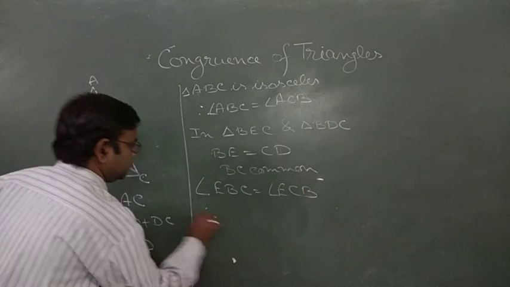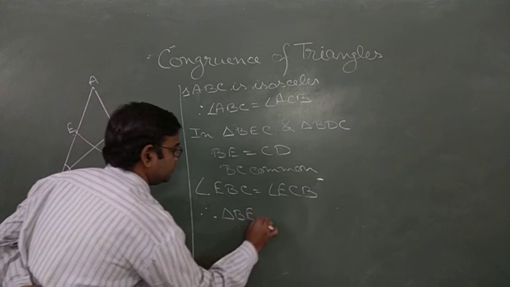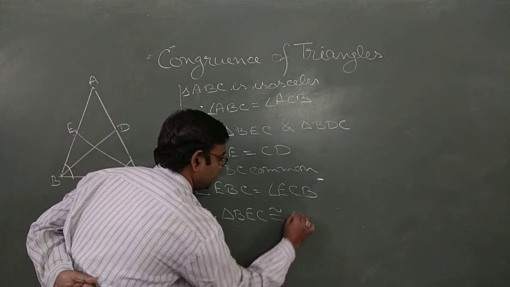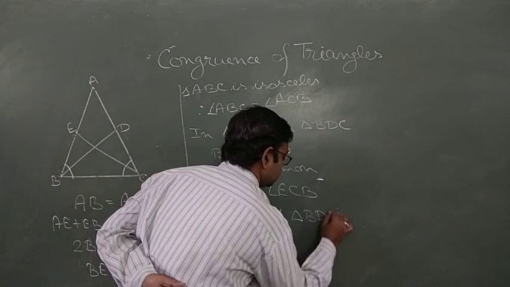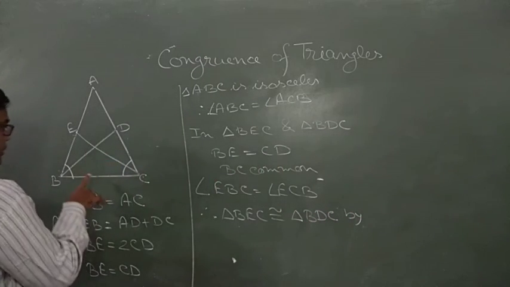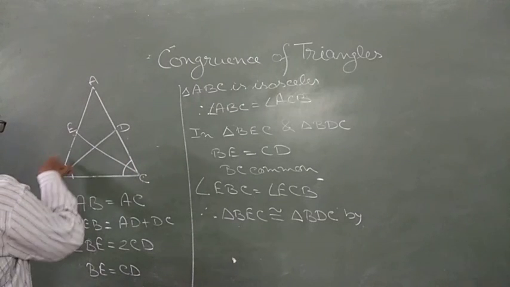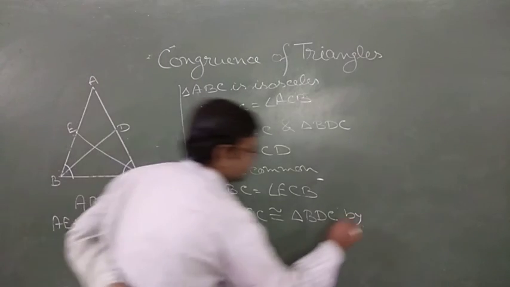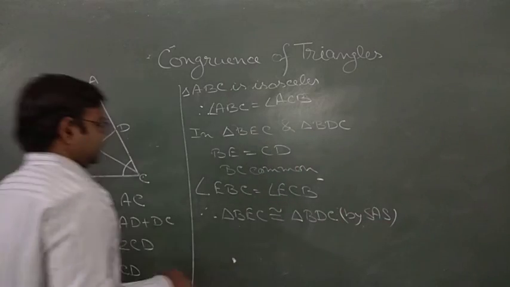Therefore, triangle BEC is congruent to triangle BDC by SAS, side angle side.